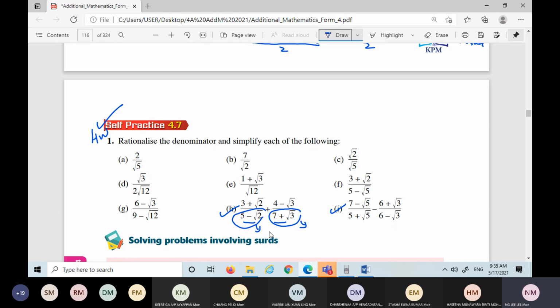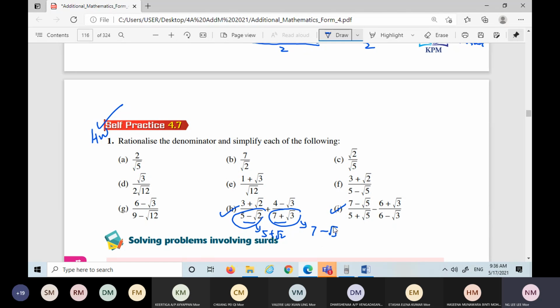So 5 minus square root 2, the conjugate surd is 5 plus square root 2. Then 7 plus square root 3, the conjugate surd is 7 minus square root 3. Multiply with the conjugate surd first and then see what will happen. After that, if you still need to combine the two fractions, then you proceed.